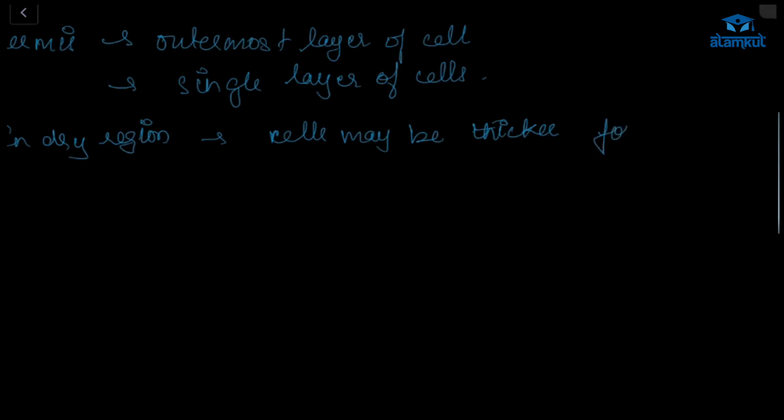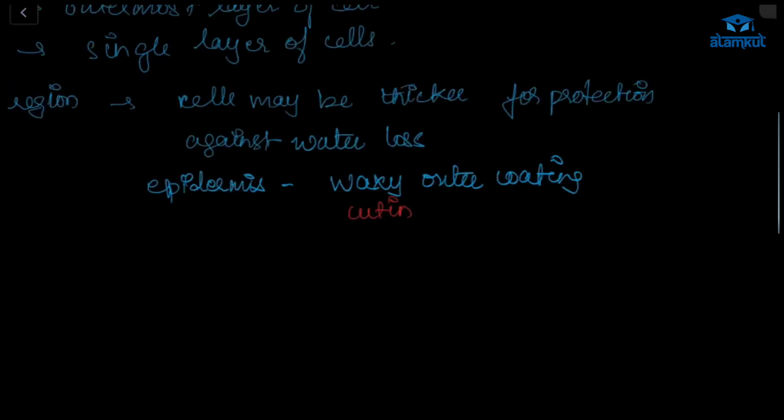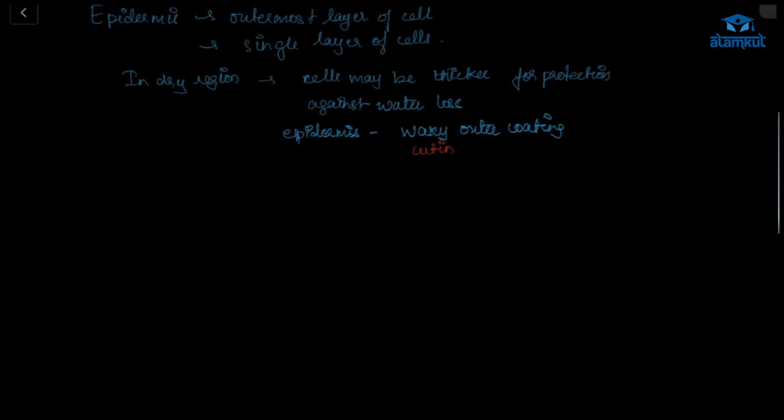Okay, in dry regions, thicker. Why? For protection against water loss. How is that possible? Because epidermis will contain an outer waxy coating, which is called cutin. Now in aerial plants, aerial means the parts of the plant in the air.